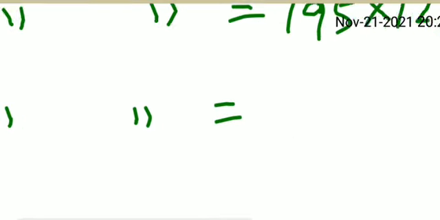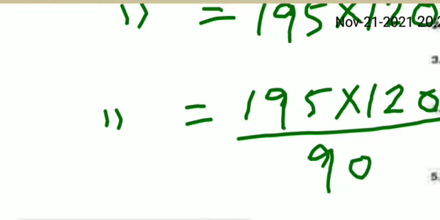Here for 90 men, the provision days will be less, so 195 into 120 by 90. Clear?